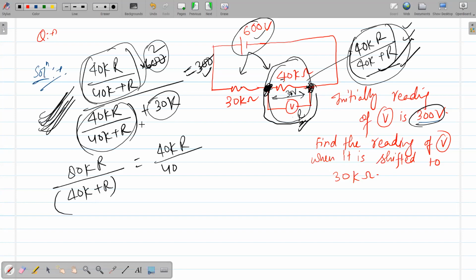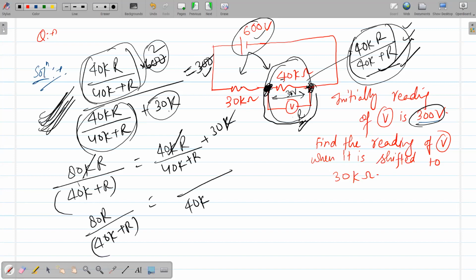Now we are further solving. Cancel 300 like this, then multiply 40 by 2 to make it 80, and bring the denominator to the right side, so it will be 40k R divided by 40k plus R plus 30k. From the numerator I can cancel out k. Let's take the LCM at the right side.